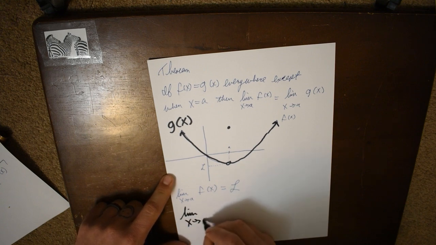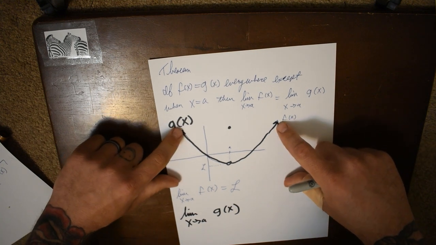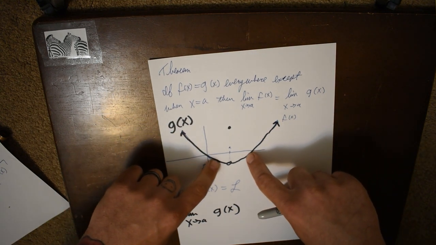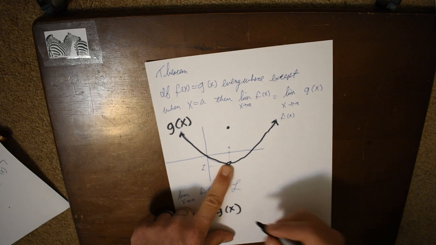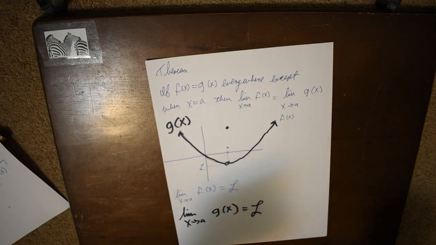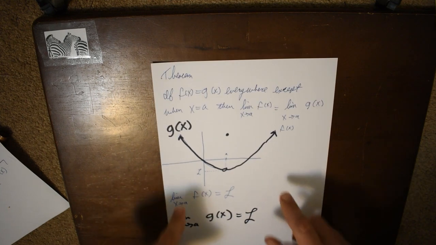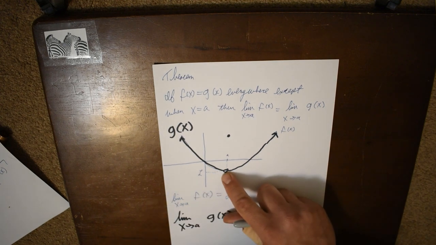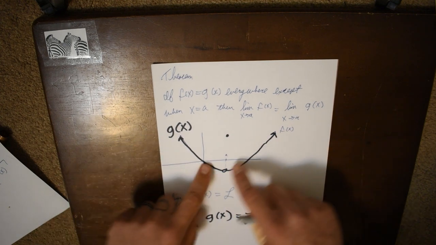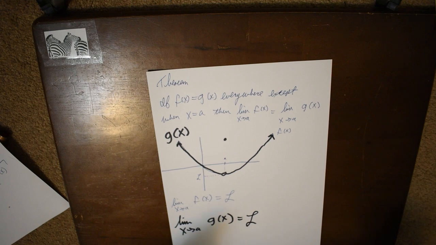The limit as x goes to a of g of x goes to L. So if you've got two functions that are identical everywhere except for at a point, the limit as they approach that point is going to be the same.